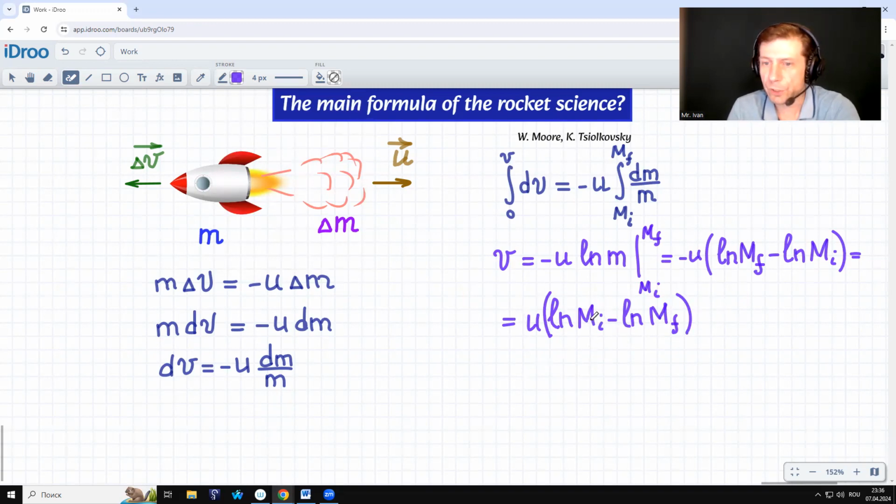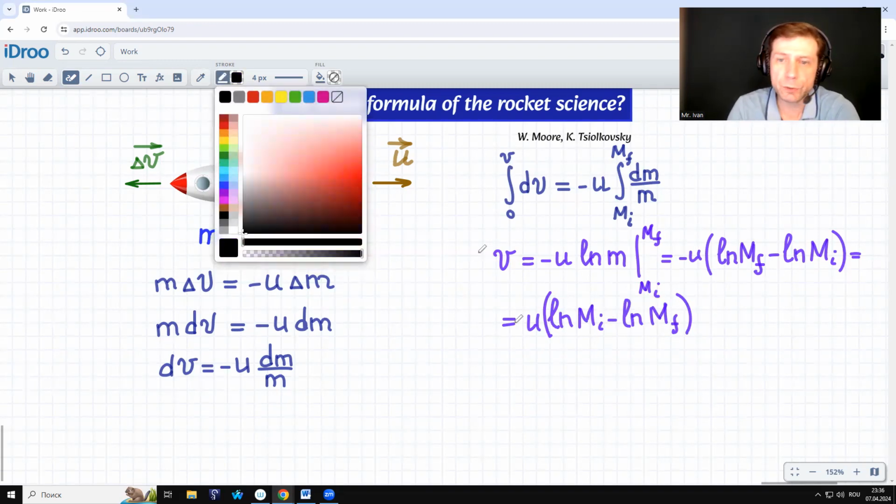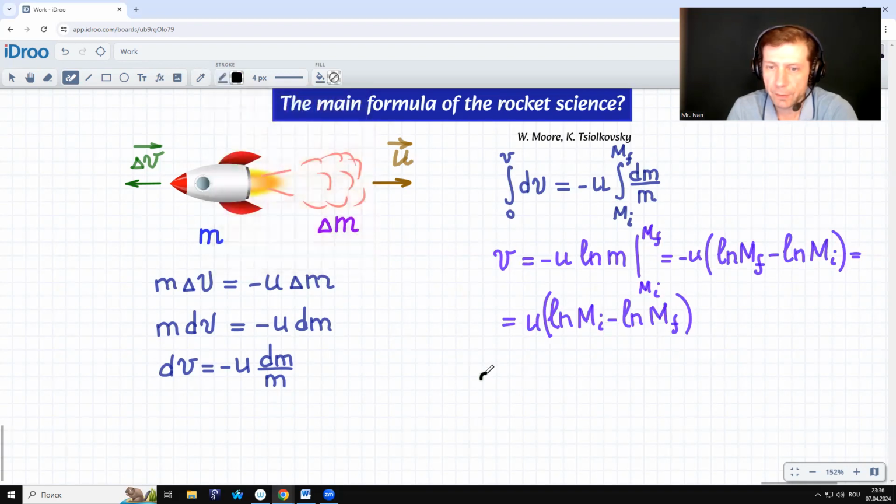And finally, we just use the properties of logs, and then it would be the ratio of m initial and m final under the log. So the final formula we are looking for is this one: v equals u times ln m initial over m final.